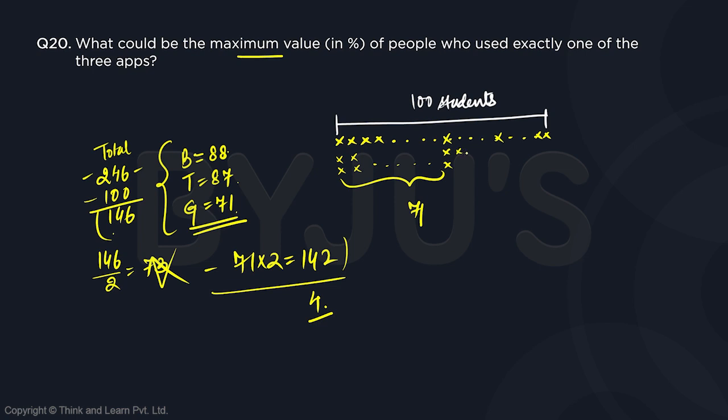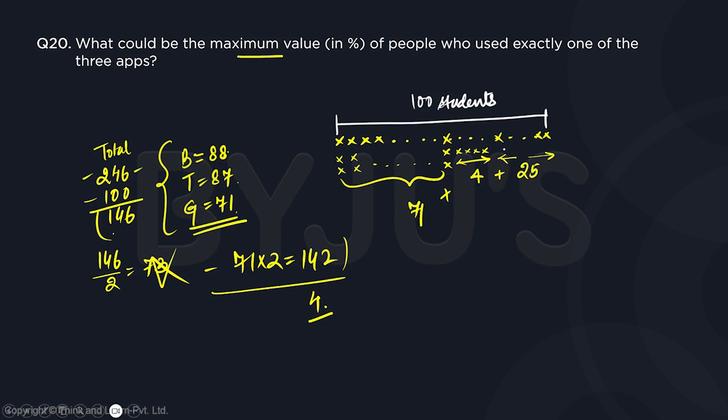Those 4 more chocolates will go to the next 4 kids. So out of 100 students, 71 kids will have 3 chocolates, 4 students will have 2 chocolates, and the leftover kids will have exactly 1. And this is the maximum number of kids that we will be able to get who have exactly 1 chocolate, which is going to be 25. 71 plus 4 plus 25 is 100, right?